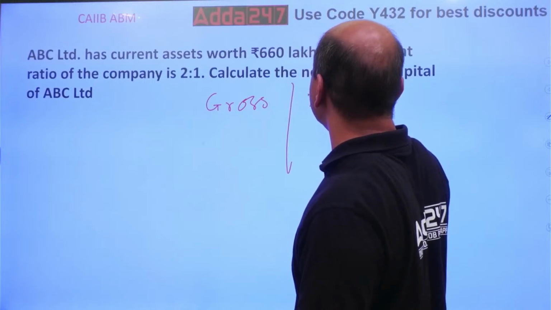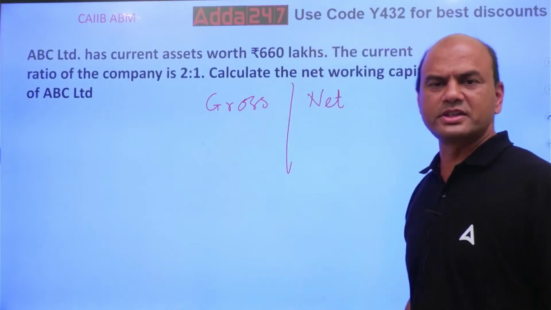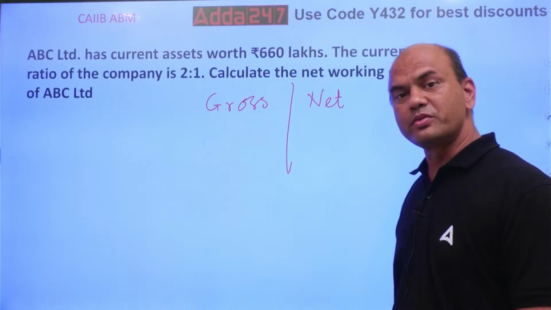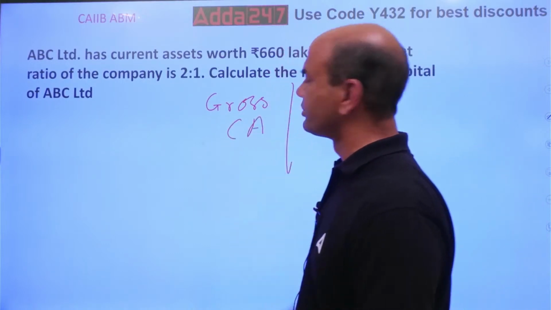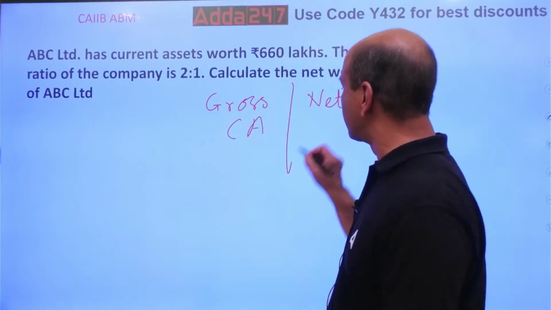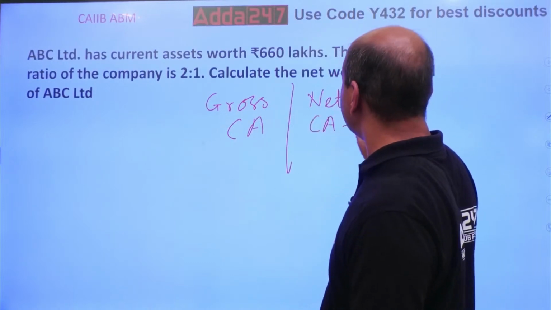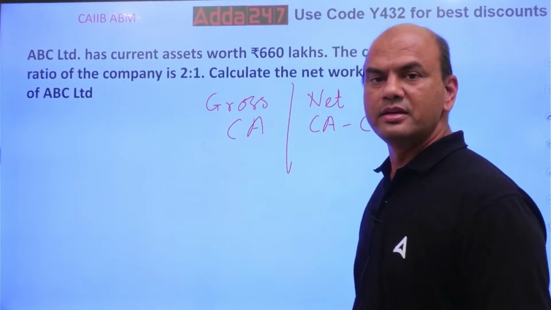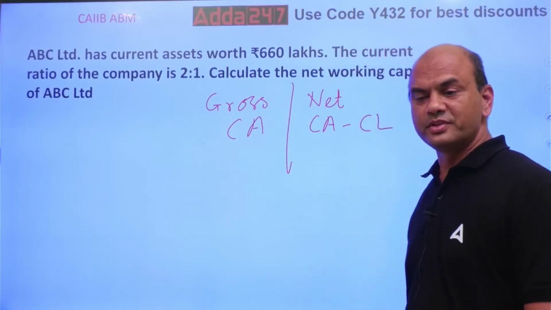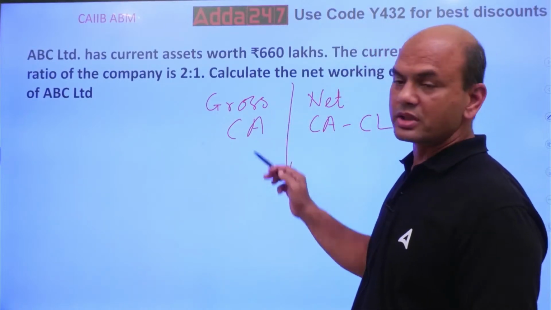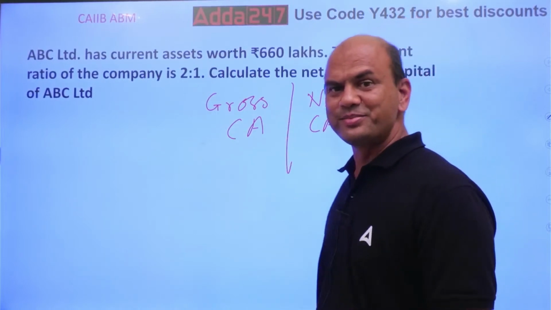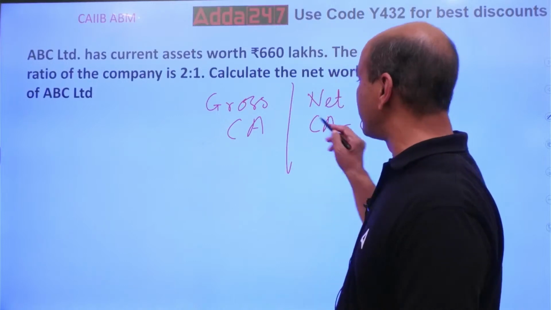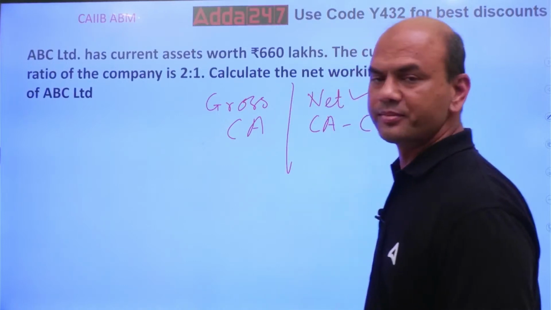Gross means your total current assets. Net means current assets minus current liabilities. So gross means total current assets, net means current assets minus current liabilities. So you have to find this net.